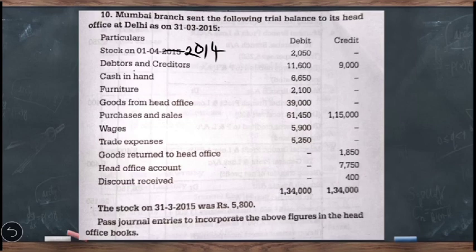Let's see what the information given is. Mumbai branch sent the following trial balance to its head office at Delhi as on 31st March 2015.